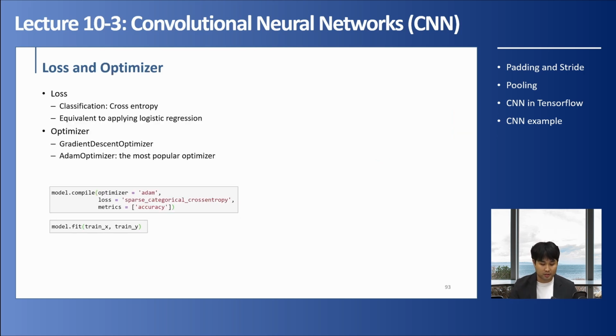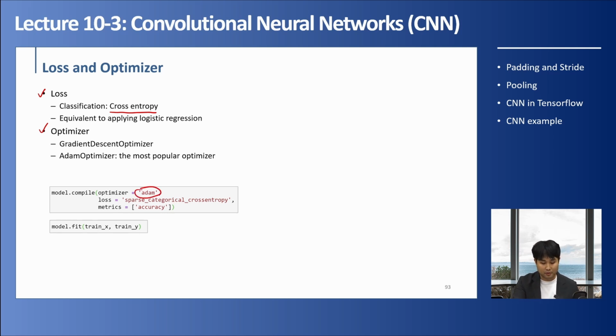And once the architecture of the CNN is determined, we next have to define what the loss and optimizer are. This is very similar to the process used in the training of simple fully connected neural networks. The only difference is that because we're doing a classification problem, we're using cross-entropy as our loss function. And for the optimizer, we'll be using the Adam optimizer.